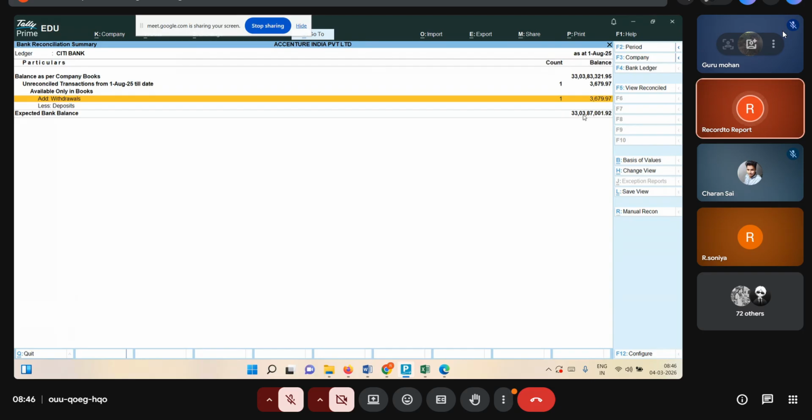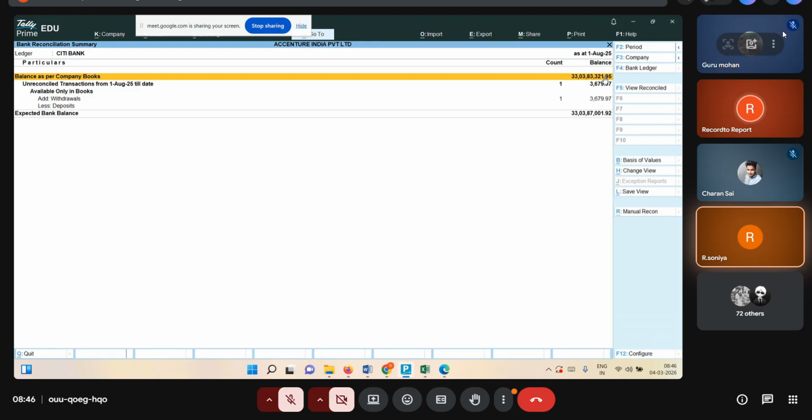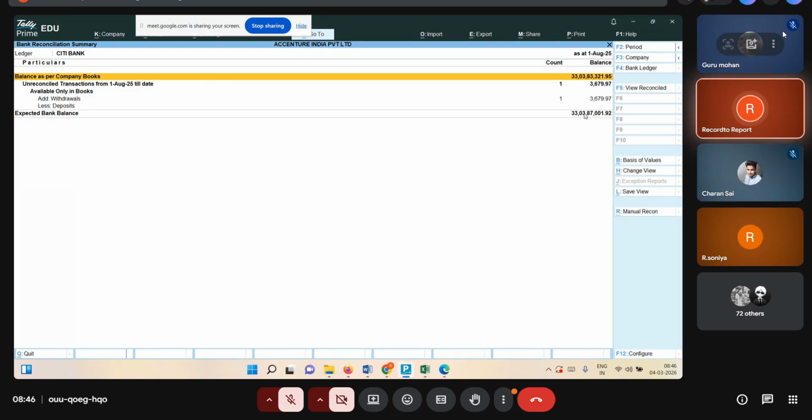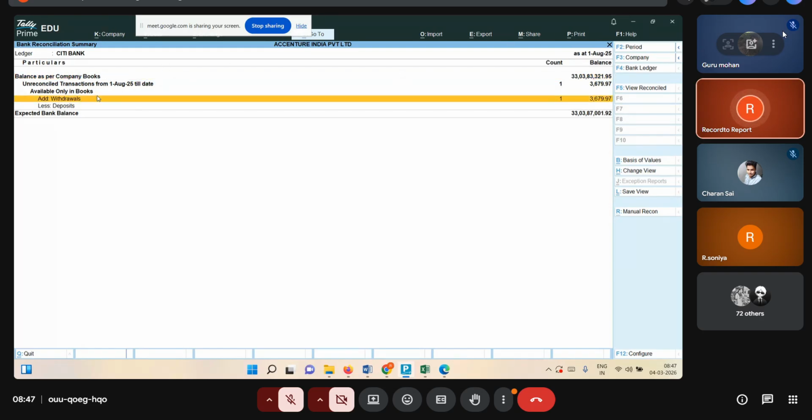Balance as per company books is less when compared to balance as per bank. The GL balance is showing less because there is one withdrawal, the payment transaction, that is not reflecting in the bank statement.